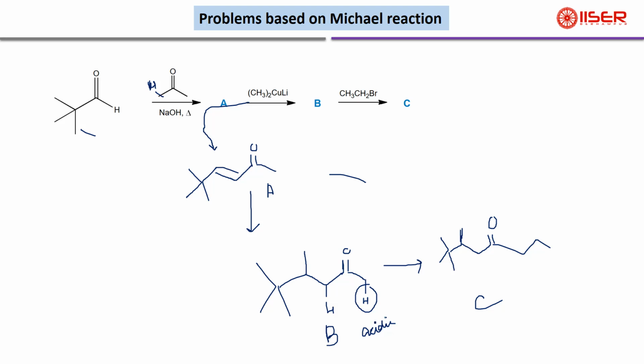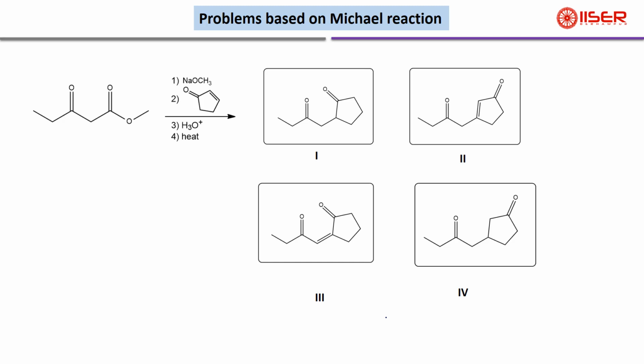Let's go to the next one. What will be the correct option of this product? So in the first step, base is given. So obviously alpha hydrogen will be taken up. Between these two alpha hydrogens, which one is more acidic?